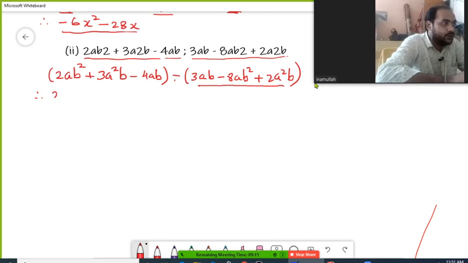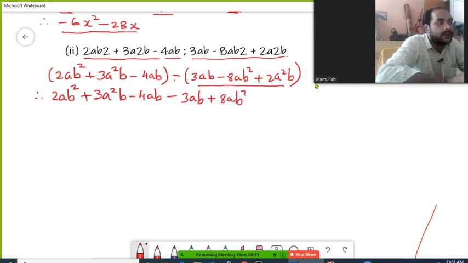Like this: 2ab square plus 3a square b minus 4ab. This is my first polynomial. Then I'll take minus 3ab. This negative will become positive 8ab square, and this positive 2a square b will become negative 2a square b, like this. So as you can see, in the second bracket, all the terms which were positive become negative and which were negative become positive.